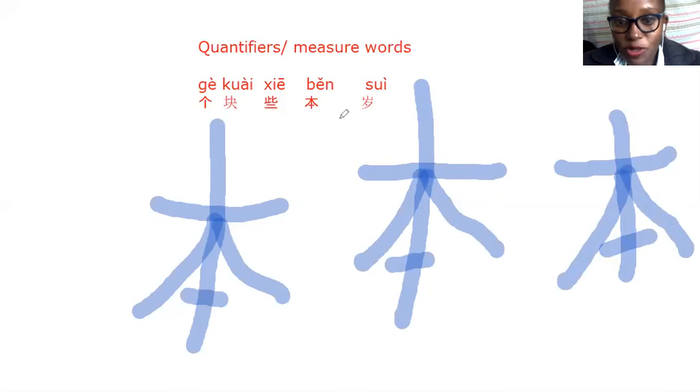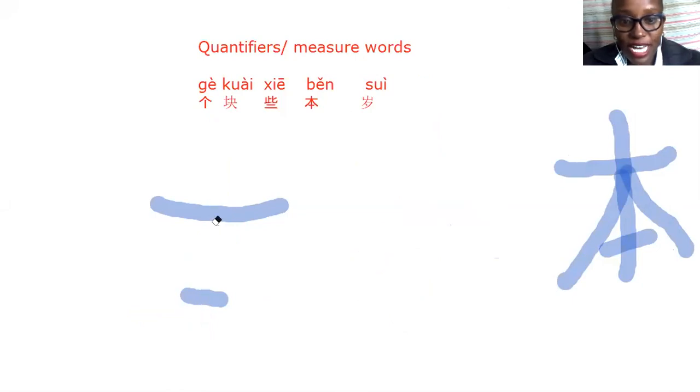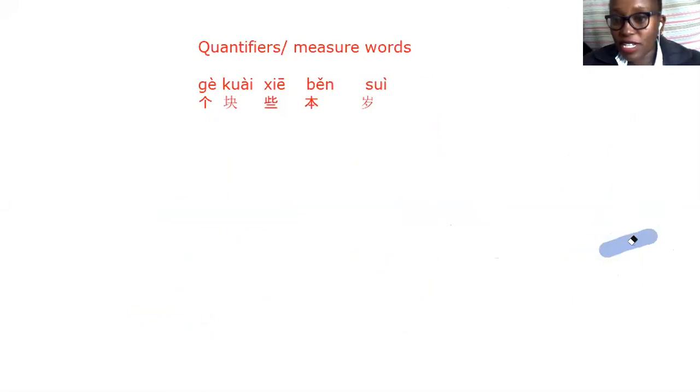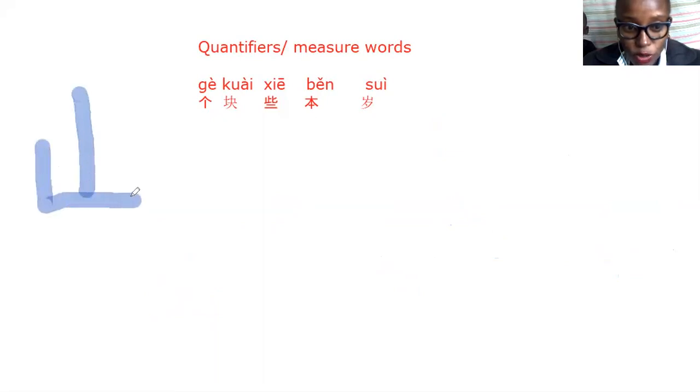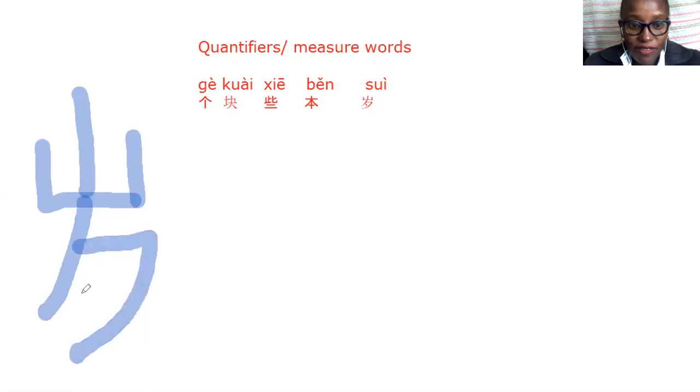Okay, and now to our last character for the day, which is 岁. So we have 1, and then 2, 3, then 4, 5, 6. 岁. 你几岁啦?